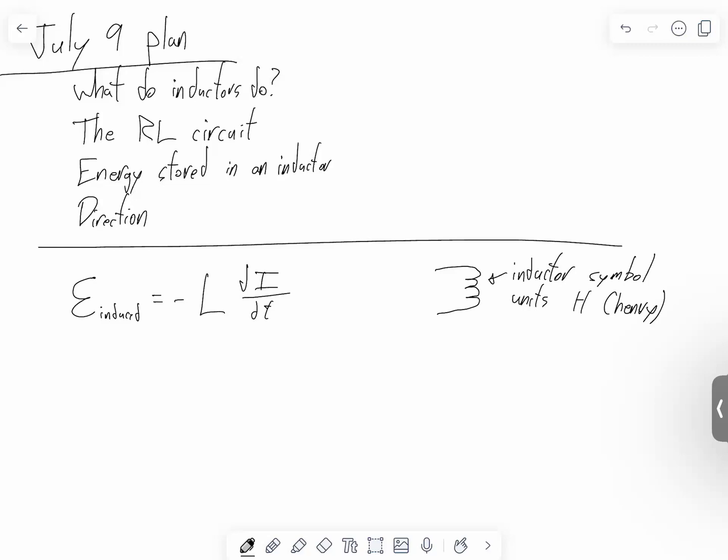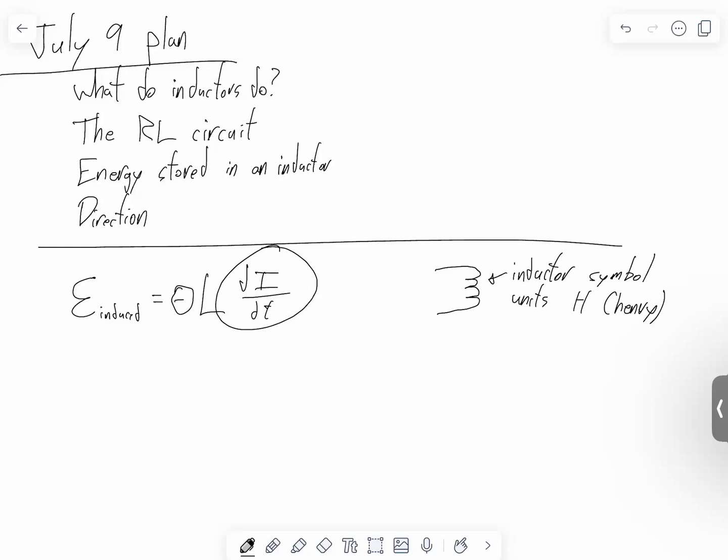Okay. The quick and dirty way to think about this negative, how I interpret this negative, is if current decreases, what's di/dt? If current goes down, di/dt is negative. If current is decreasing, the slope of the current is a negative value. The voltage across the inductor is negative, negative, which is positive.